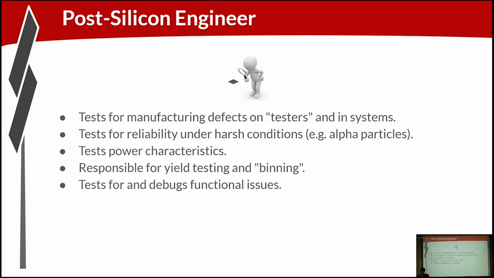They'll also test the power characteristics of the model. One of my brief roles was coming up with the power virus for one of the chips that we created. So the power virus is the test that will be run to stress the power as much as possible on the chip. Every chip that comes out of the factory is going to go through a standard litany of testing. The power virus is part of that.